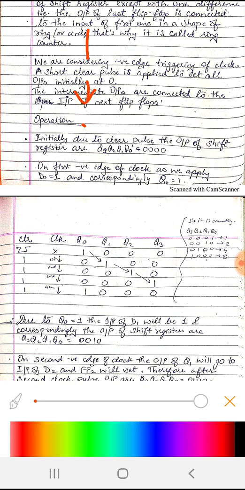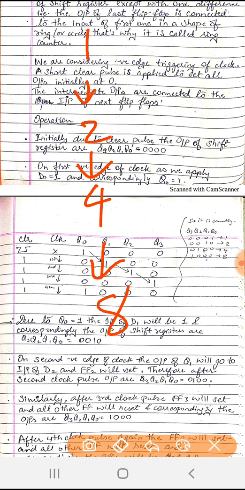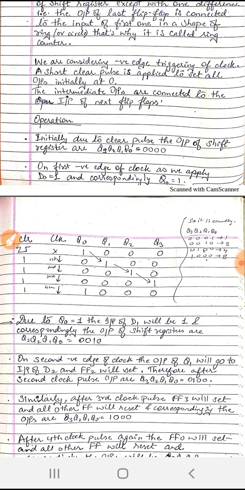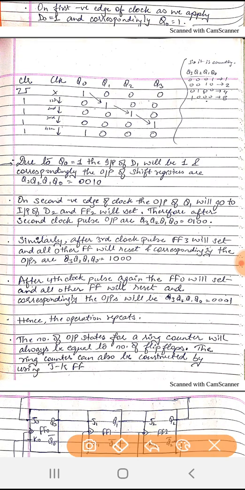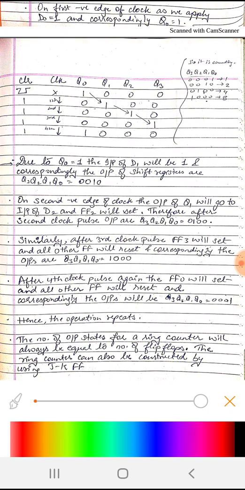that is from 1 to 2, 2 to 4 and 4 to 8, because we have only 4 flip flops, so up to 8 is possible. Okay, so this is how it will work. I have explained it in the steps as well.